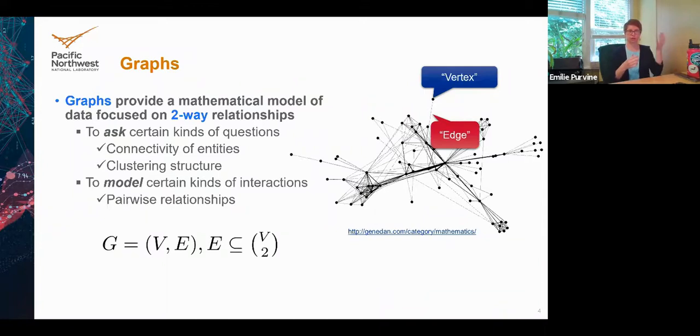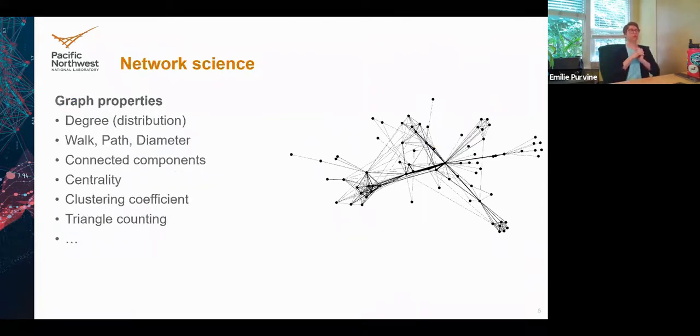Graphs, of course, are composed of vertices and edges, and the set of edges is a subset of all pairs of vertices. This is for a simple graph. A directed graph would have AB different from BA. So when you have a graph that comes from data, oftentimes you want to know something about the structure of the system that you're modeling.